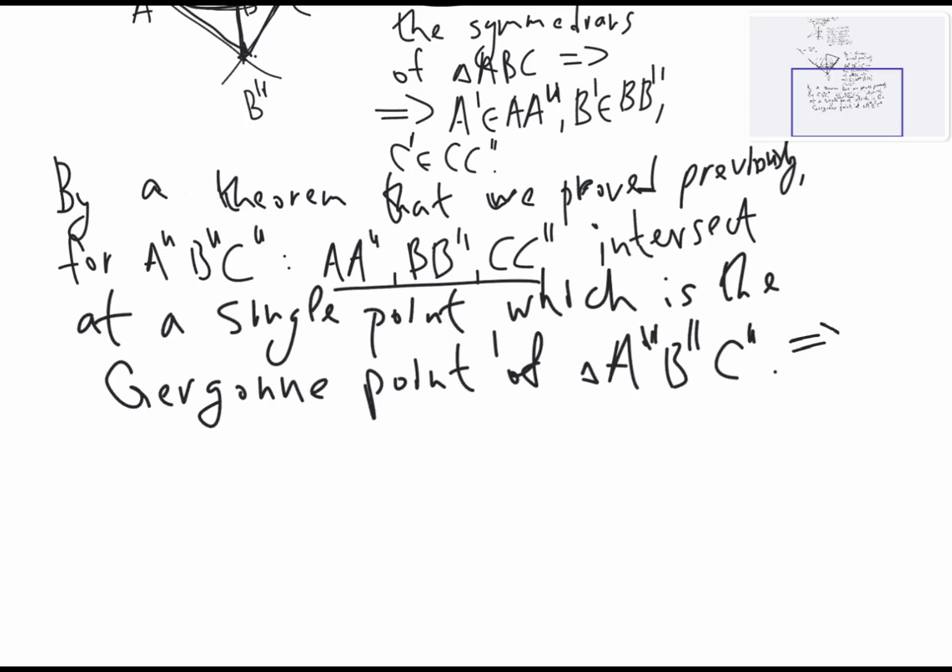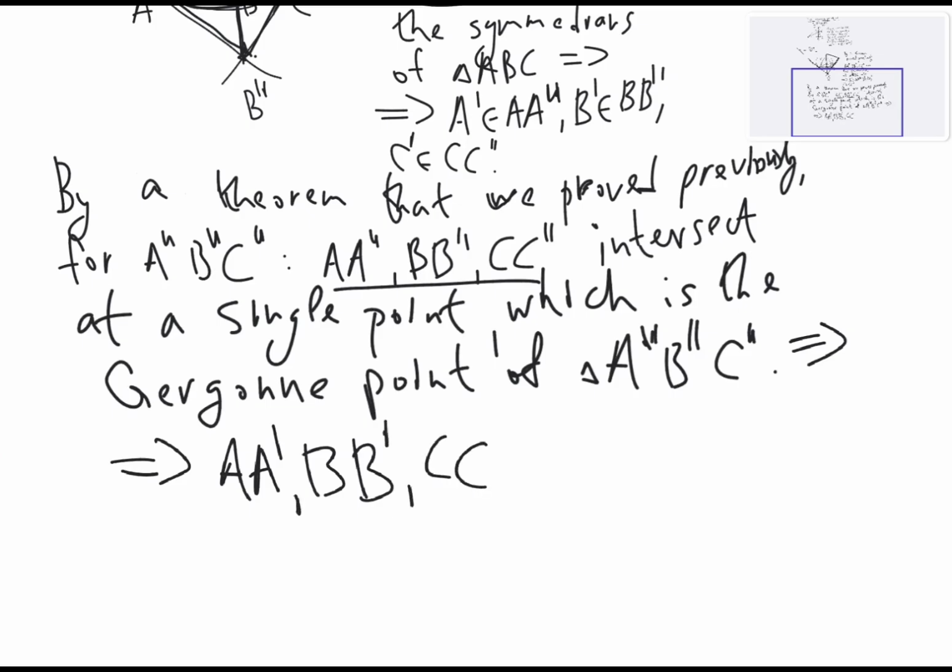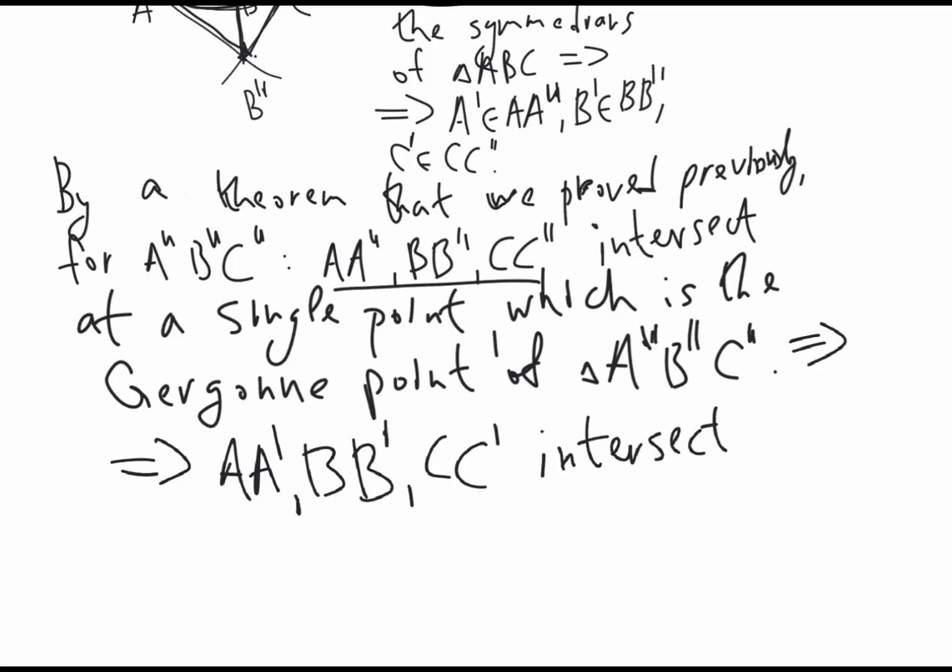Because these lines are exactly the symmedians, therefore AA prime, BB prime, and CC prime intersect at a single point, and that's it.